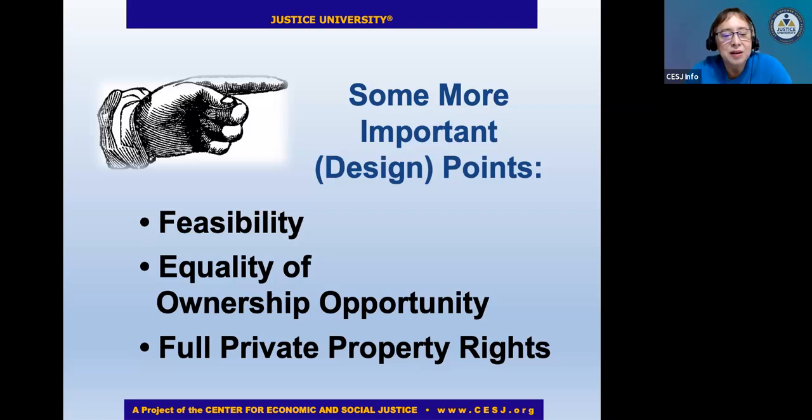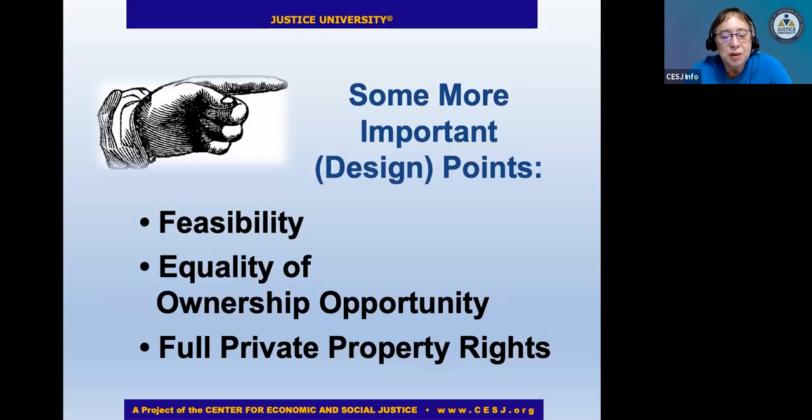So that is key. If we want to talk about equality of ownership opportunity, it's look at, he who holds the gold makes the rules, or owns the thing. So we have to look at where the gold is coming from, and I use that word very loosely. Full private property rights.